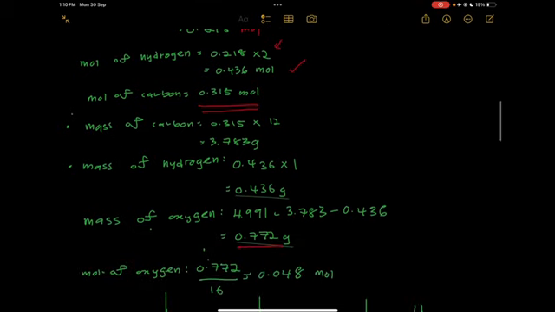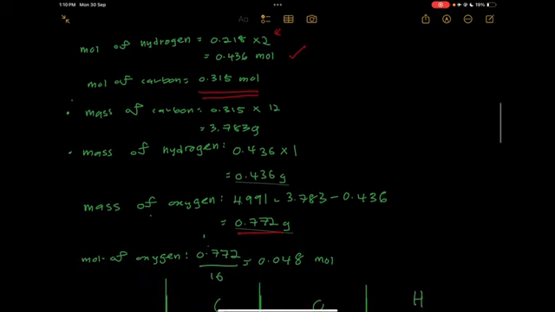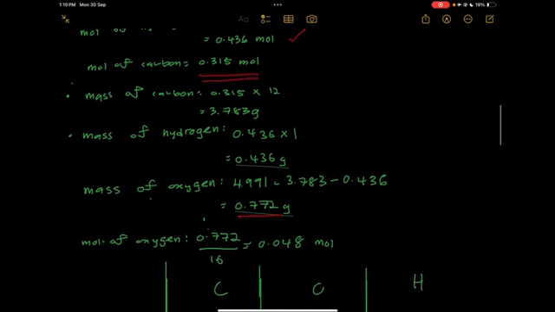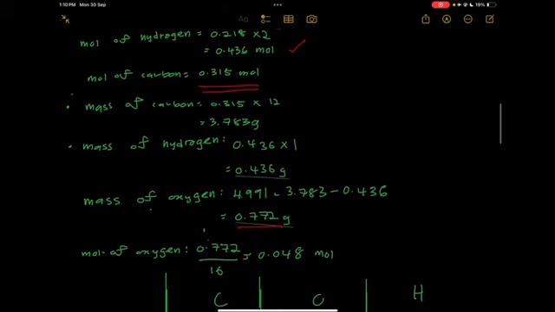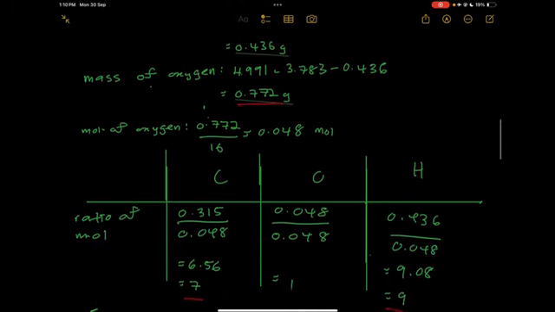So after we get the mole for each element, we can get the mass for carbon, hydrogen, and oxygen. For the mass of carbon we get 3.783 gram. For hydrogen we get 0.436 gram, and for oxygen we get 0.772 gram.